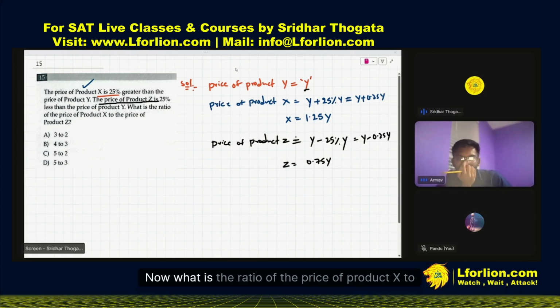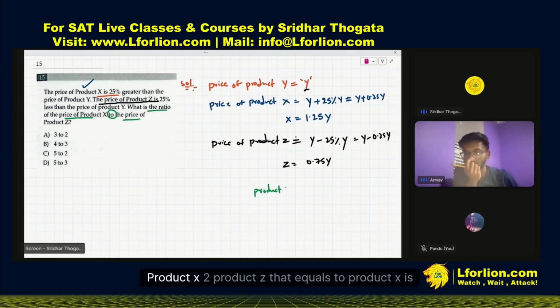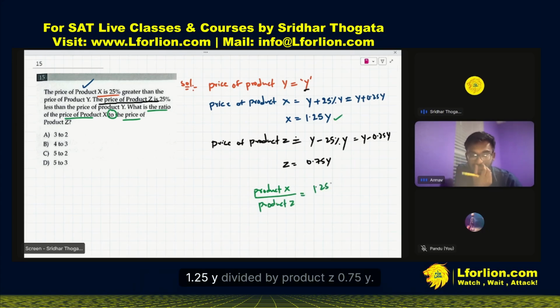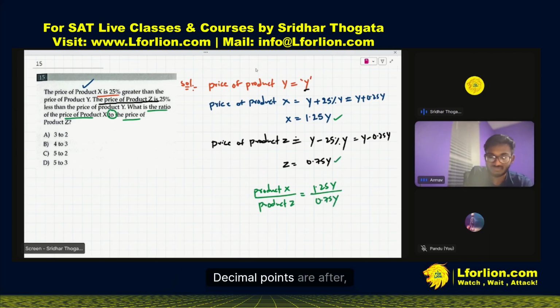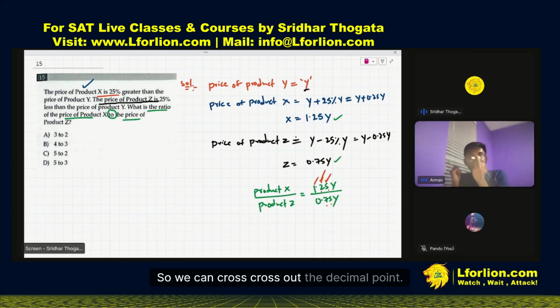Now, what is the ratio of the price of product X to the price of product Z? Product X to product Z equals product X, 1.25 Y, divided by product Z, 0.75 Y. The numerator has tenths and hundredths digits after the decimal point, and the denominator also has tenths and hundredths digits, so we can cross out the decimal point.